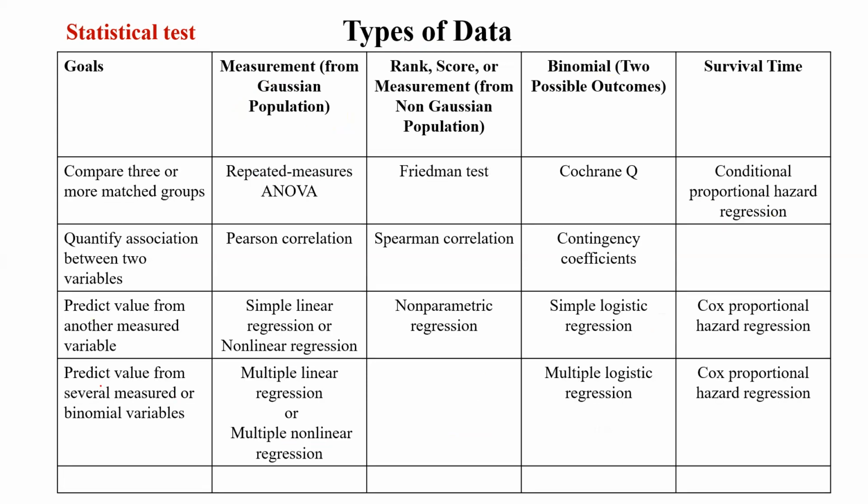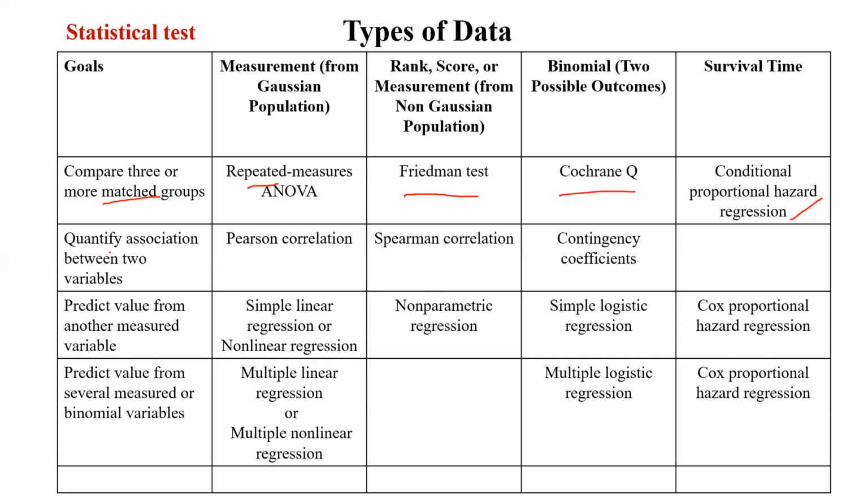In continuation, to compare three or more matched groups, for Gaussian we go for repeated measures ANOVA, and if non-Gaussian, then the Friedman test. For a binomial outcome, we'll go for Cochran Q. And for survival time, we'll go for conditional proportional hazard regression.